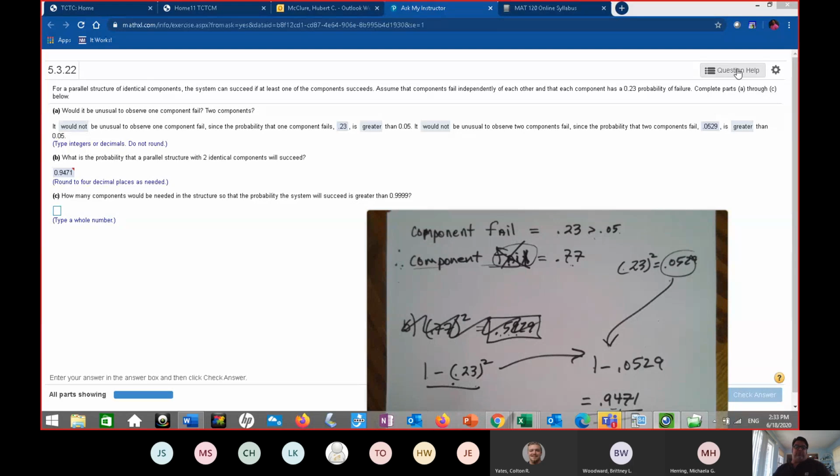So what is 0.23 to the third power? Give me one moment. That is 0.9878. Okay, and what is 0.23 to the fourth power? That is 0.9972.